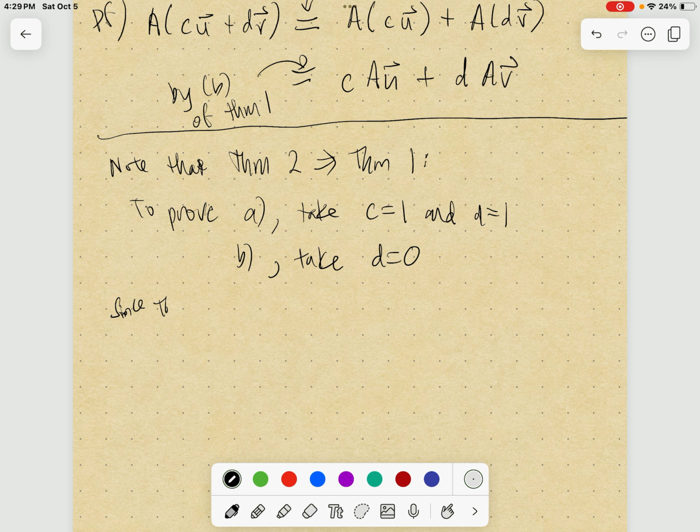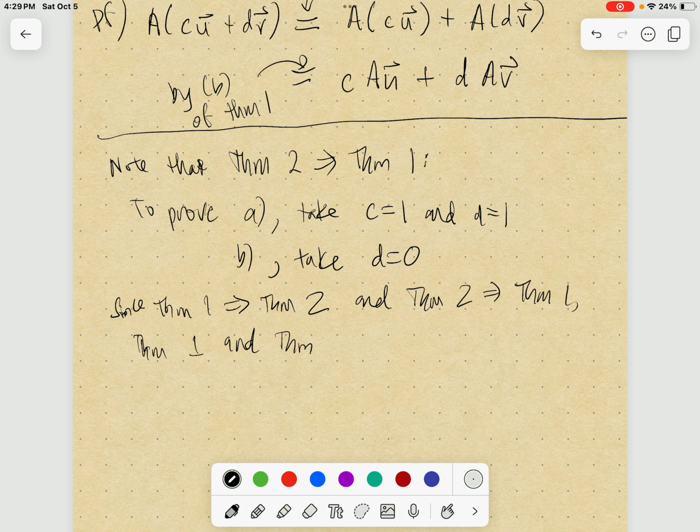So since each implies the other, theorem 1 and theorem 2 are logically equivalent. So if one is true, then the other is true and vice versa.